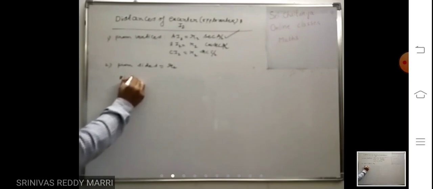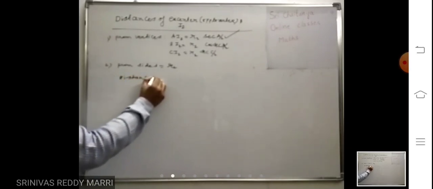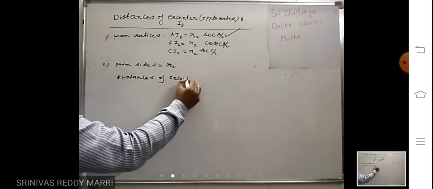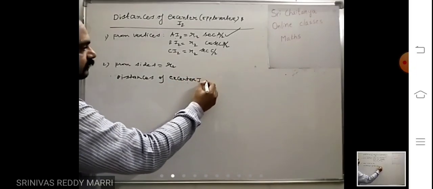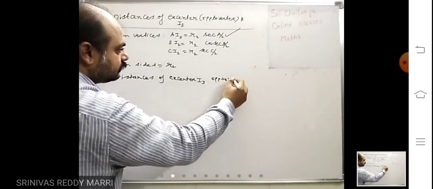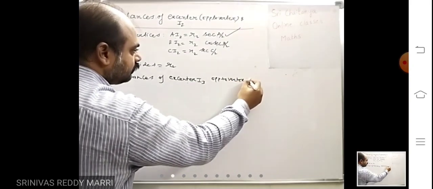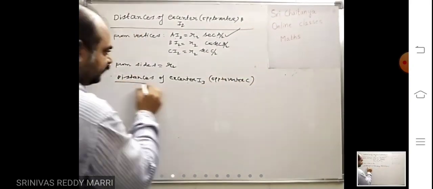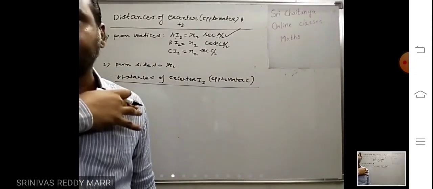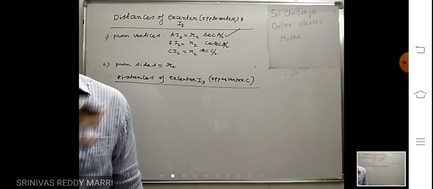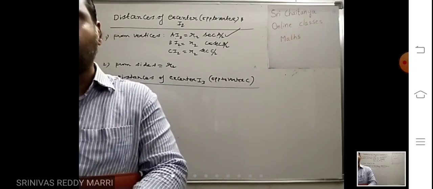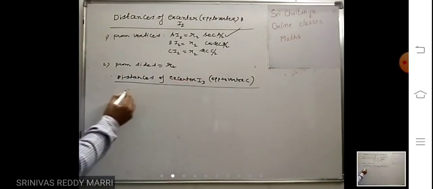So similarly, the excenter I3 opposite to vertex C: the internal angular bisector of angle C and the external angular bisectors of angle A and angle B will be concurrent at one point, and that is called I3.